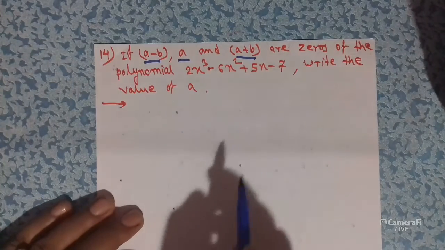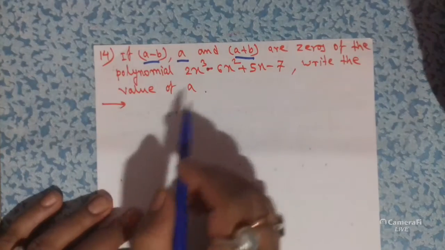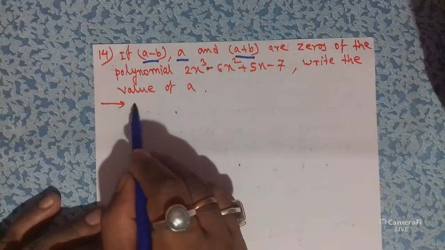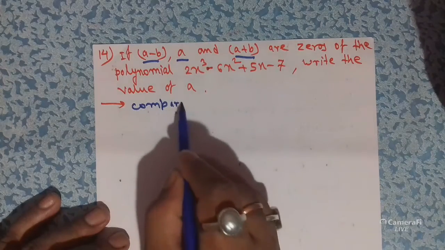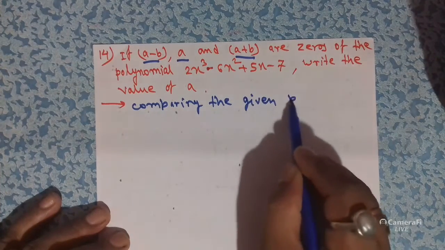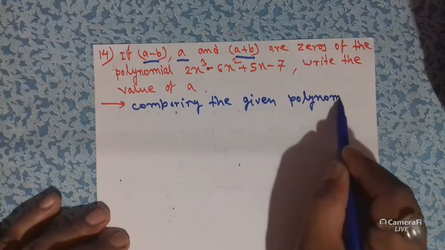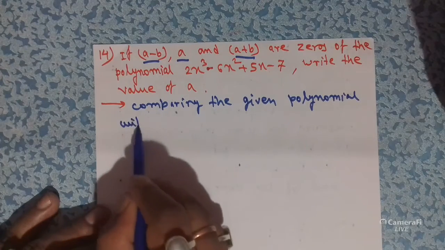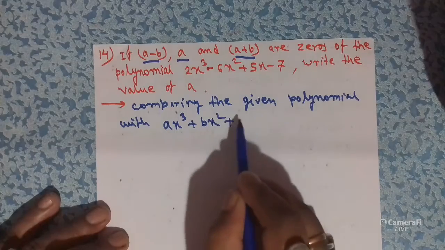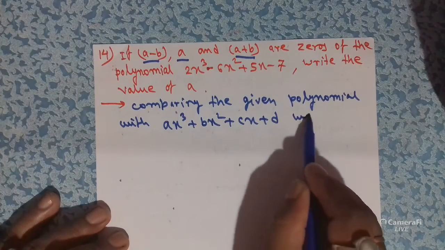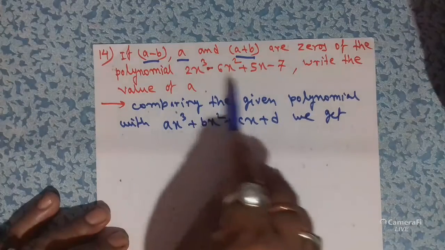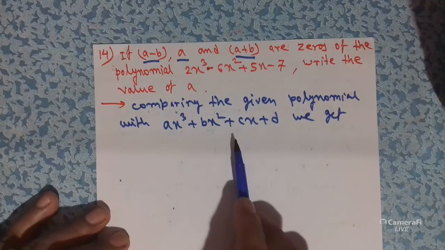So here students, comparing the given polynomial with ax cube plus bx square plus cx plus d, we get, why I am writing like this, because it's a cubic polynomial, so this is the general form of the cubic polynomial.